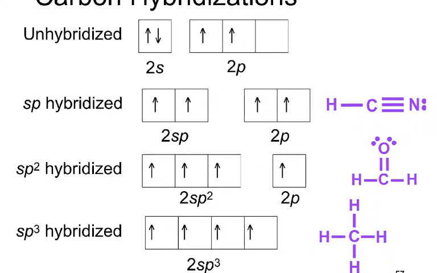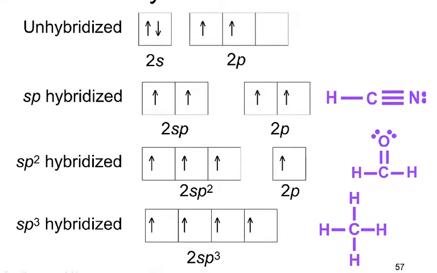Carbon has three ways that it can hybridize. So unhybridized, remember, has 2 electrons in the 2s and then 2 in 2p orbitals. If we do an sp hybridization, we're taking our 2s orbital, we're adding in one 2p orbital. That gets us 2 equal orbitals that are called 2 sp orbitals.